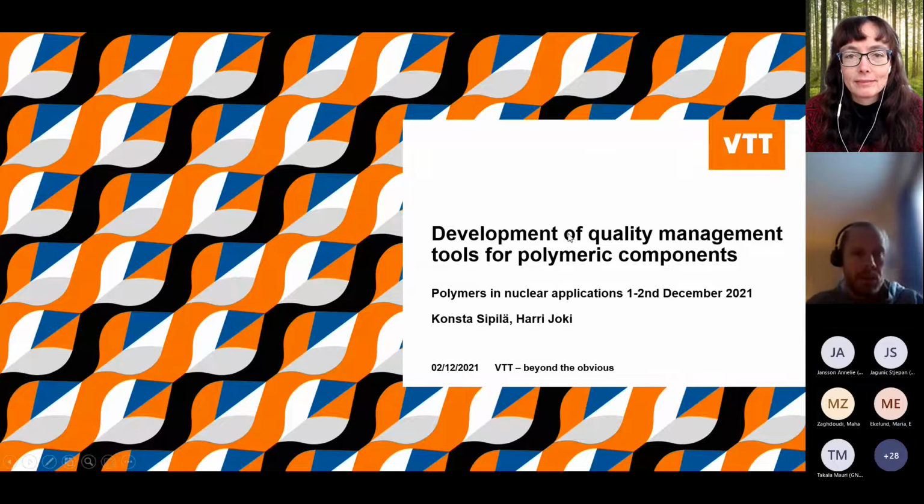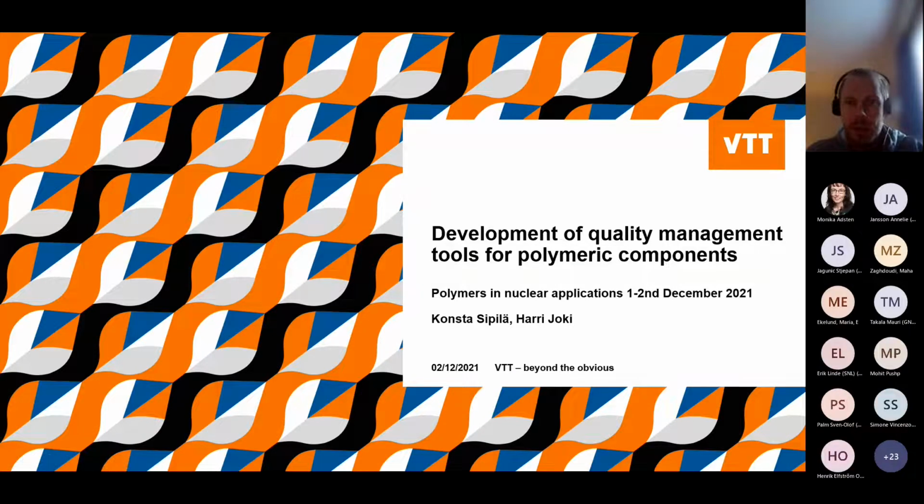So, the second topic today from my speeches is related to the development of quality management tools for polymeric components. We started this research 3 years ago, and we had a background that the plants were facing difficulties between different polymeric sealant sample batches, that the quality of different batches could vary quite a lot.